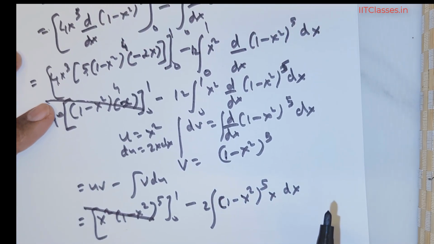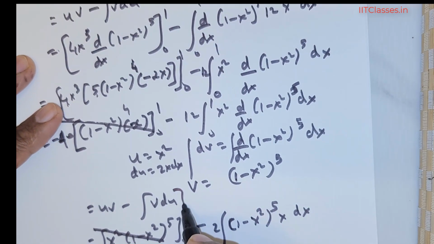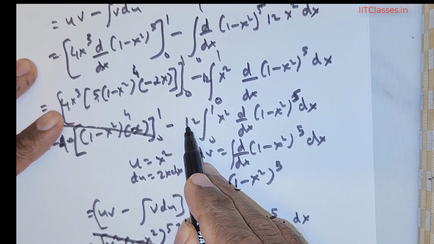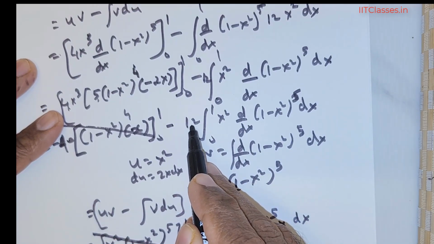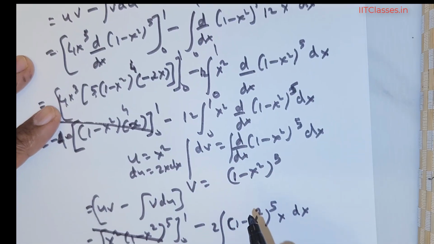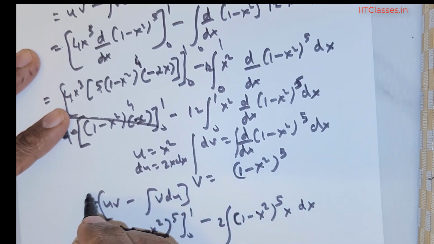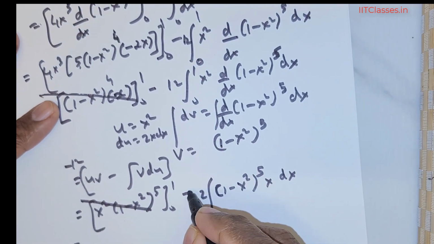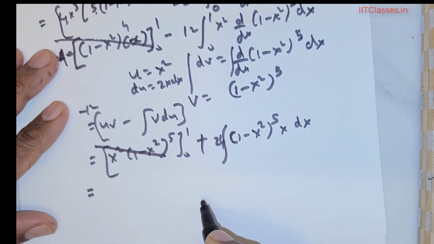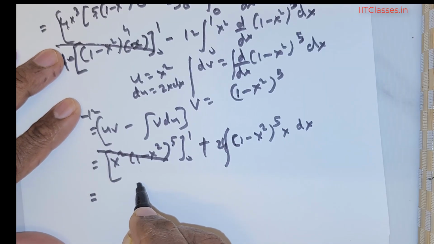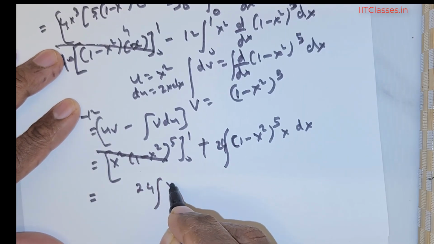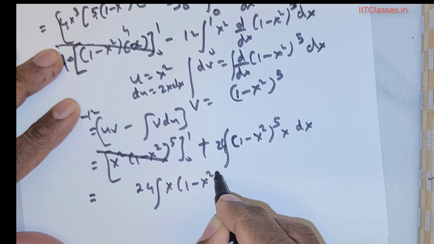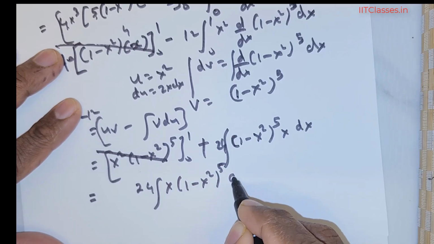Now one more component we will have to cater to. Now this entire quantity is within the realm of negative 12. So if that negative 12 is coming in, this will become positive 24. Okay, so we will have to integrate 24 times x (1 - x squared) raised to the power of 5 times dx.